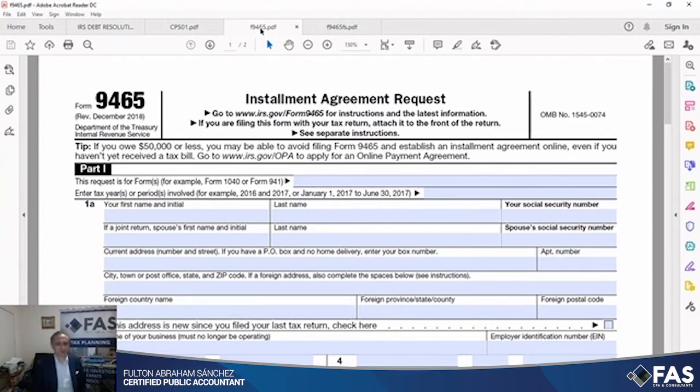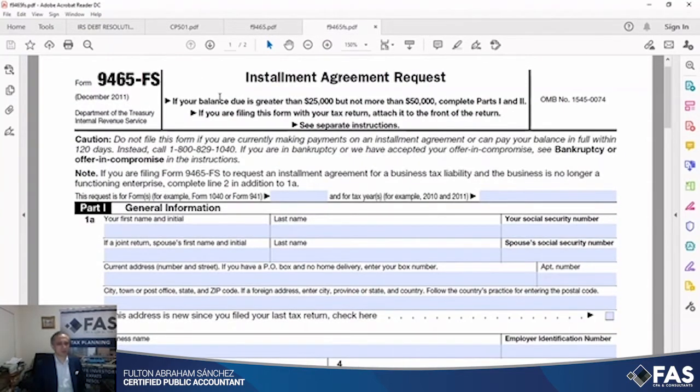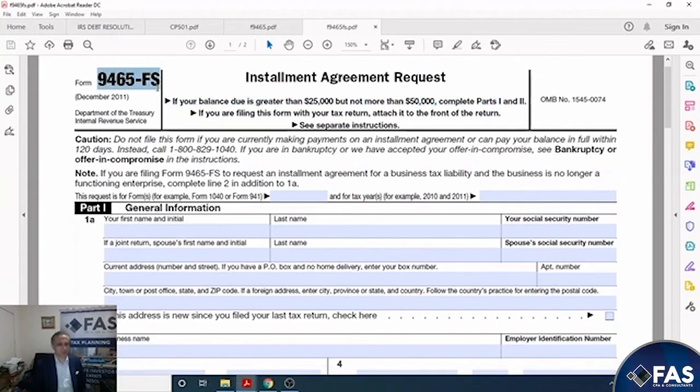If you owe less than $25,000, there is one specific form, 9465. If you owe over $25,000 but less than $50,000, there is another form, 9465 FS, that you need to fill in.